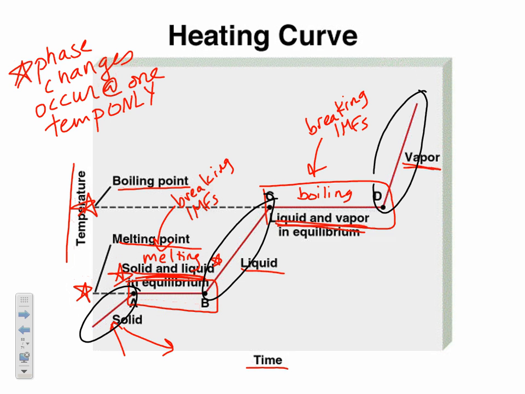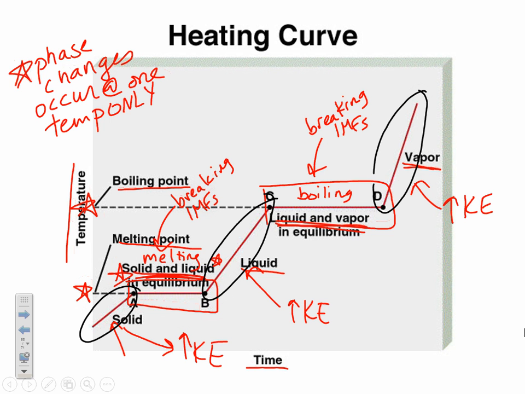This is where we are increasing the kinetic energy of the system. If you remember from gases, kinetic energy is directly related to temperature. Temperature is a measure of the average kinetic energy in a system.